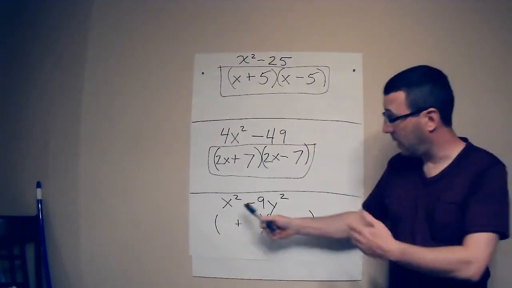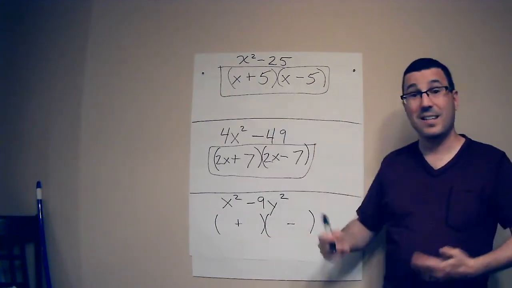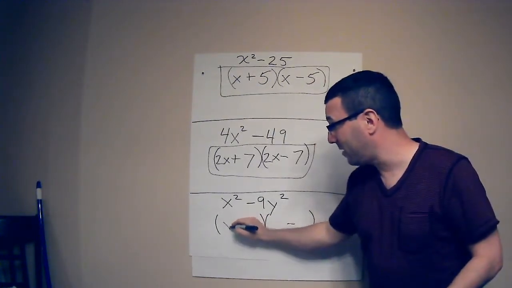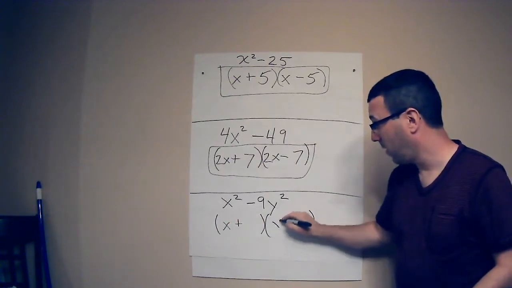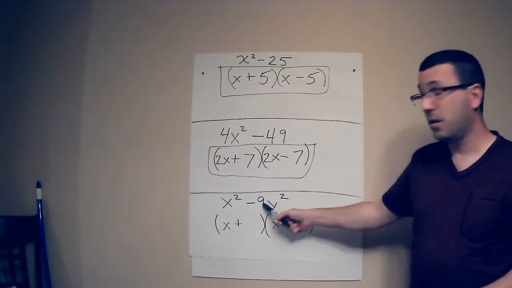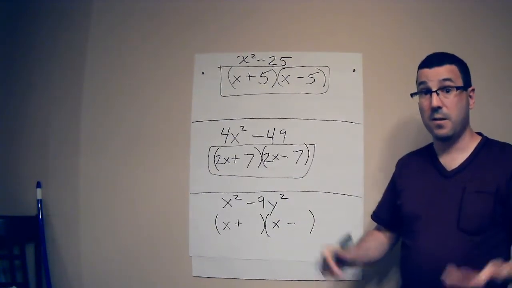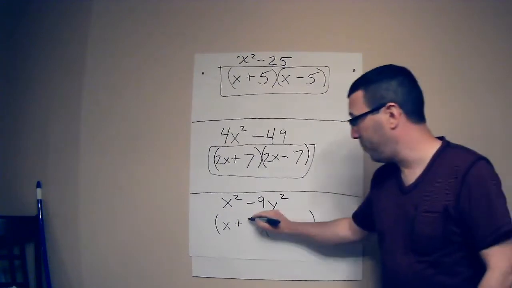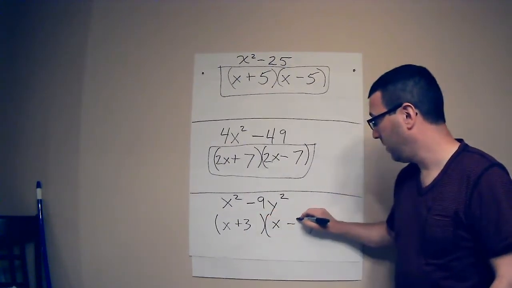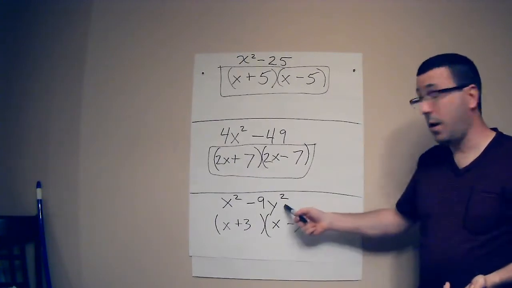So again, I look at my first term, it's x squared. As we've already seen, I'm just going to put an x in the front there. Then I come across the 9. What number times itself gives you 9? 3. So I'm going to put that in the front. And then I got y squared.